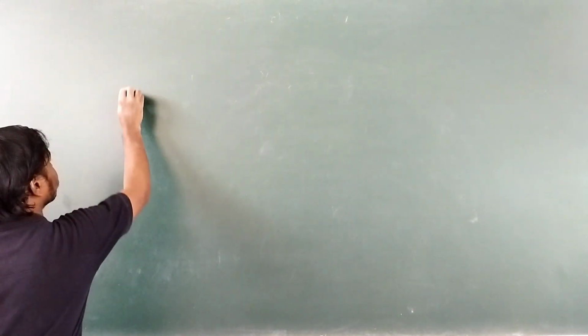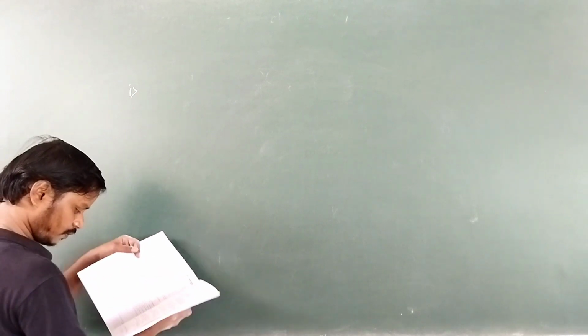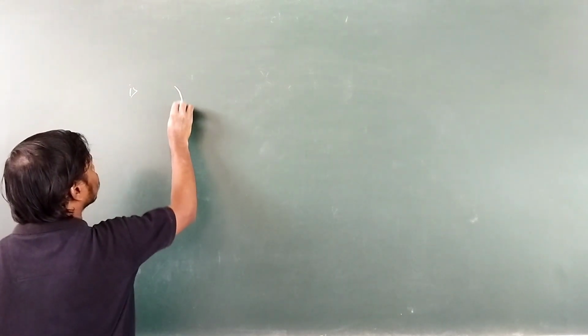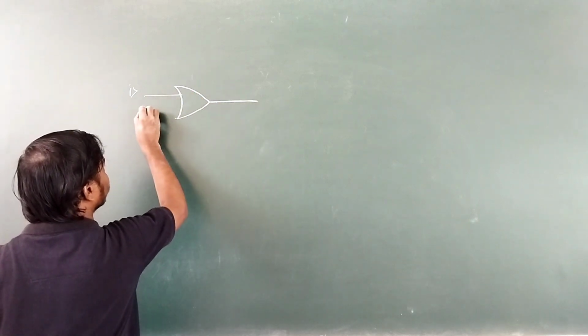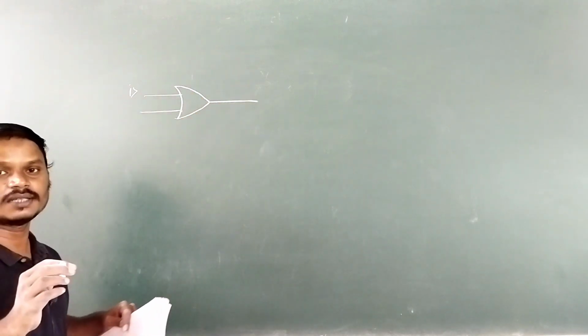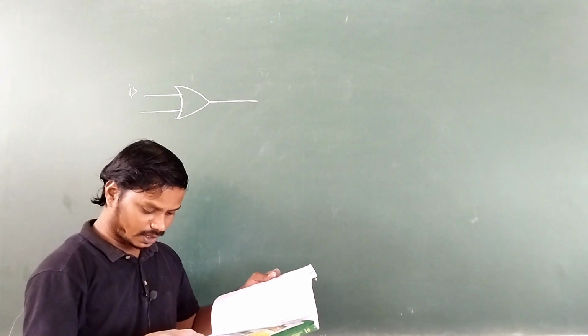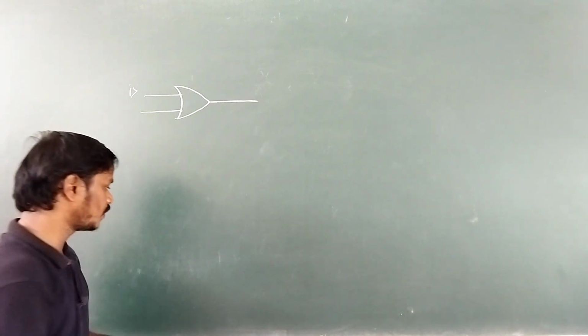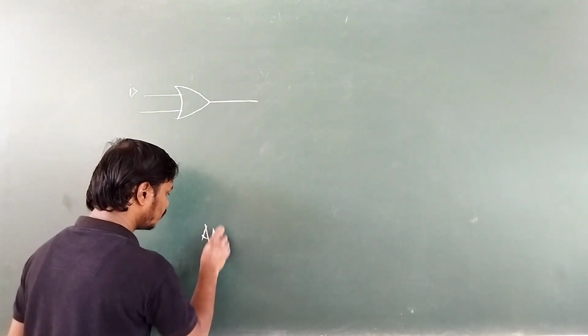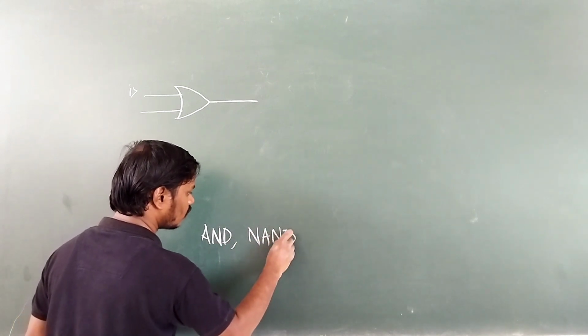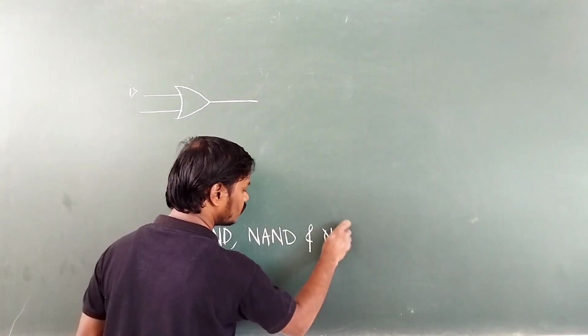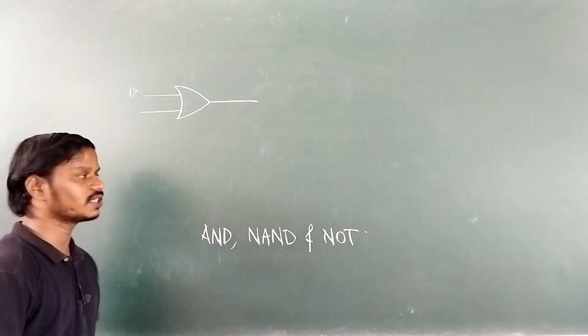So the first gate, which type of gate is this? This is an OR gate. But what is our aim? Our aim is to pick out AND, NAND and NOT respectively.